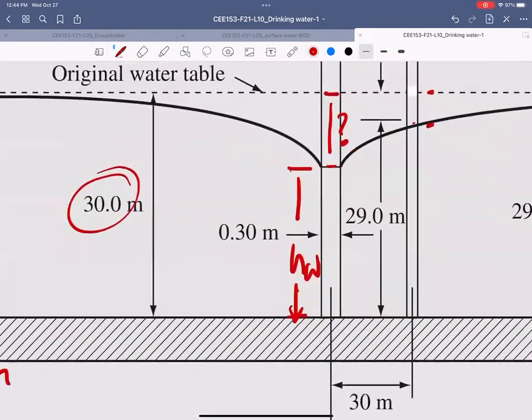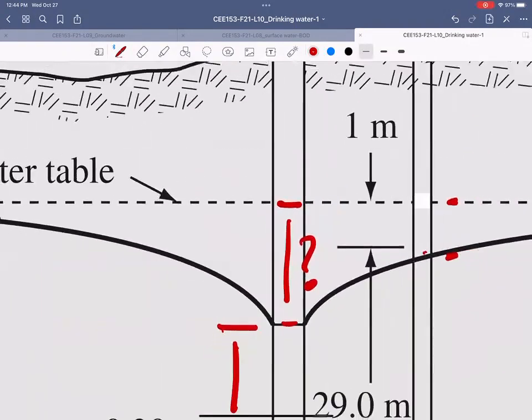So this is 0.3 meter, which means the radius from the center is 0.15 meter. All you are asking is, from the center at a certain radius, what is the head? If you know the head, you know the drawdown.